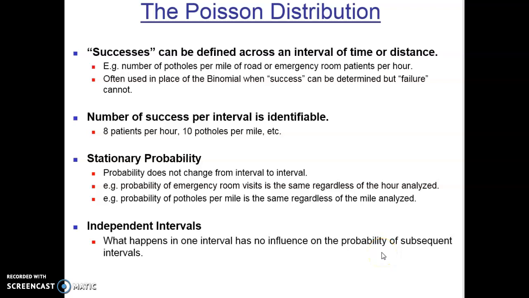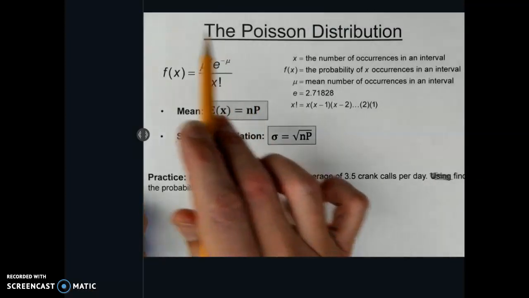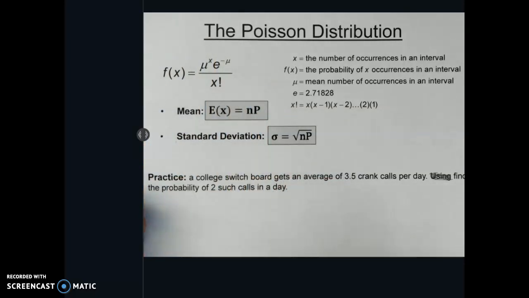If there are a large number of potholes in one particular mile, that shouldn't change the probability of potholes in the subsequent miles. Assuming all of these criteria are met, we can then use the Poisson to do our analysis. Let's now shift over to the next slide and do some manual operations. First, with the Poisson formula, and then we'll move into Excel.